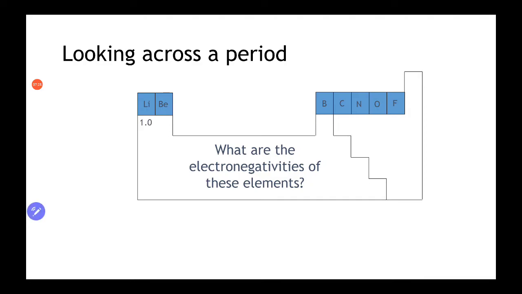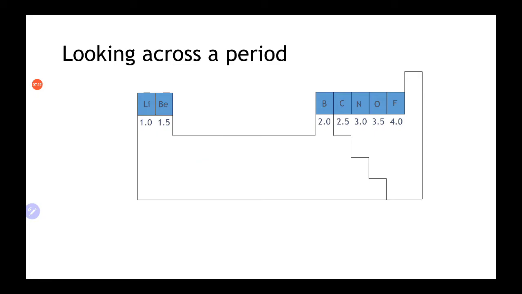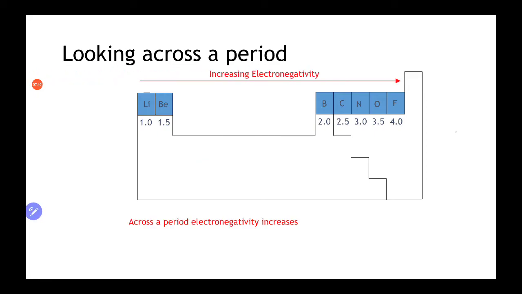Looking at the data book, lithium's electronegativity value is just 1.0, beryllium 1.5, and going along, you can see it's gradually increasing. So across a period, your electronegativity increases.